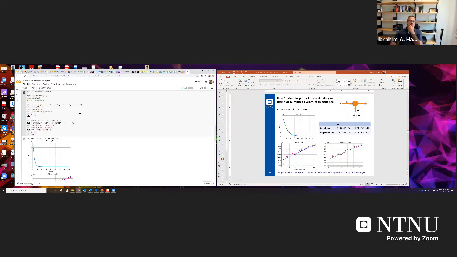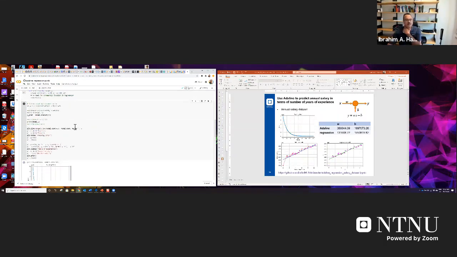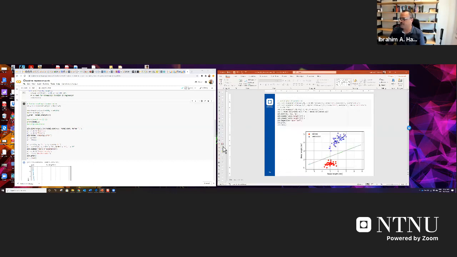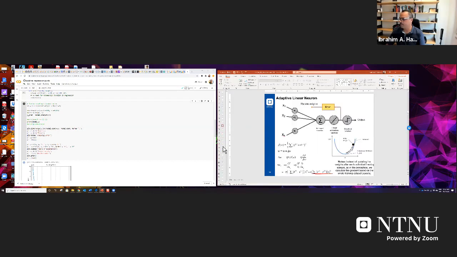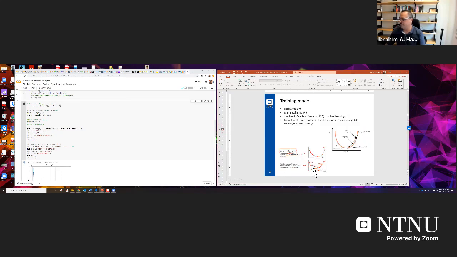When you increase the learning rate a lot, we will have this situation here. We will go to the slides. Do you see this one? Oscillating. When the learning rate is too large, gradient descent can overshoot the minimum, and it may fail to converge or even diverge.